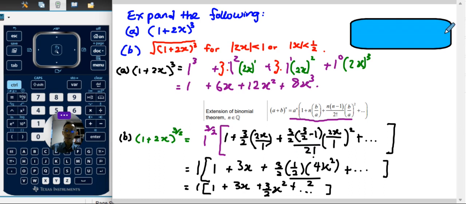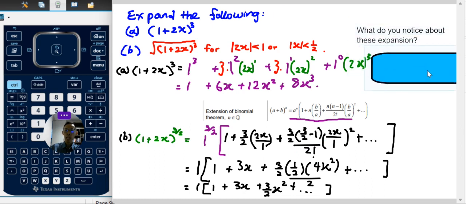So in here, you can see what happened now. If you look at the expansion, what do you notice about this expansion? Very good. First, the number of terms in the usual binomial expansion is just 1 more than the power. But for a rational fraction, this continues.